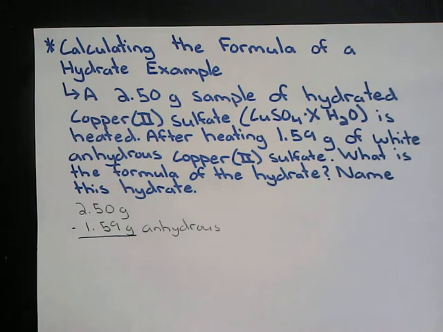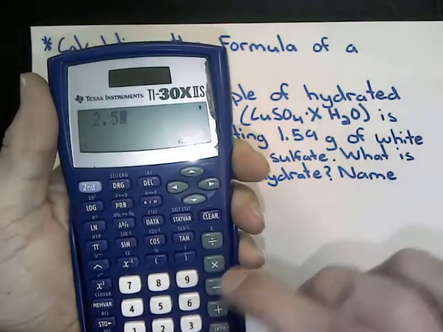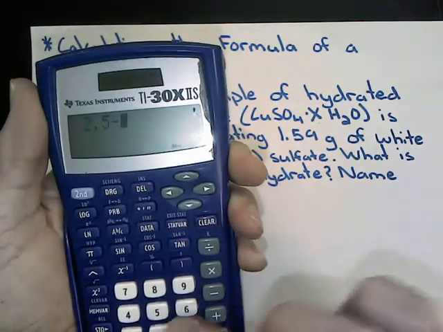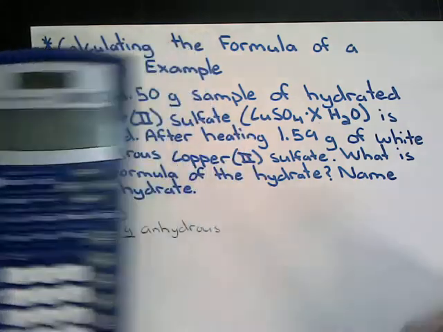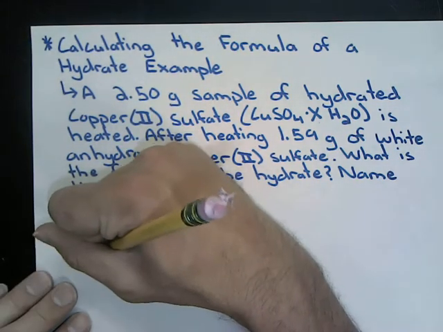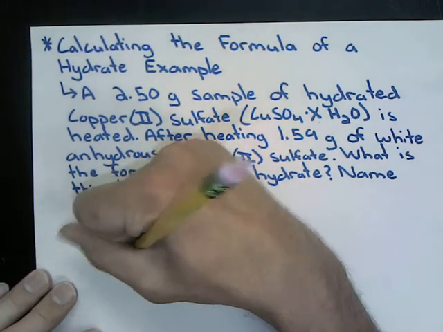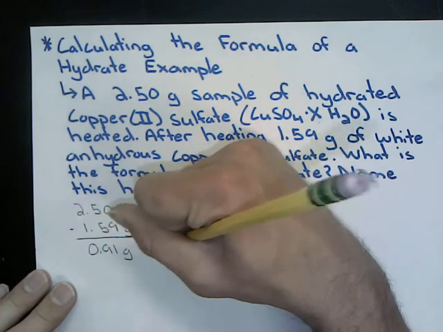2.5 minus 1.59. If you don't feel confident, you can put it in your calculator. So we have 2.5 minus 1.59, and we get 0.91. That 0.91 is the number of grams of H2O.